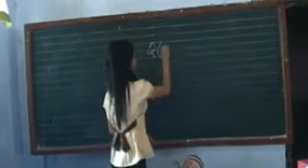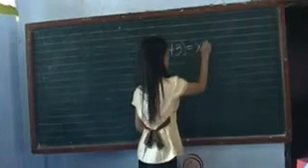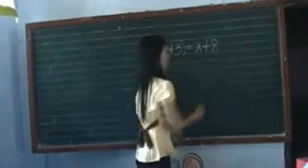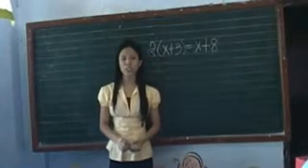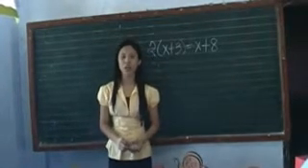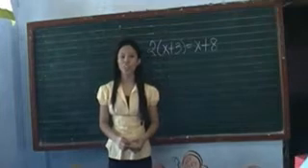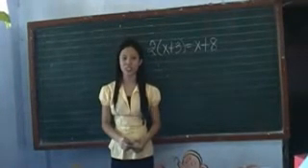Example number 2. 2 times the quantity x plus 3 is equal to x plus 8. Let's find the value of x. Remember that the term inside the parenthesis with 2 outside means we double the expression inside the parenthesis.